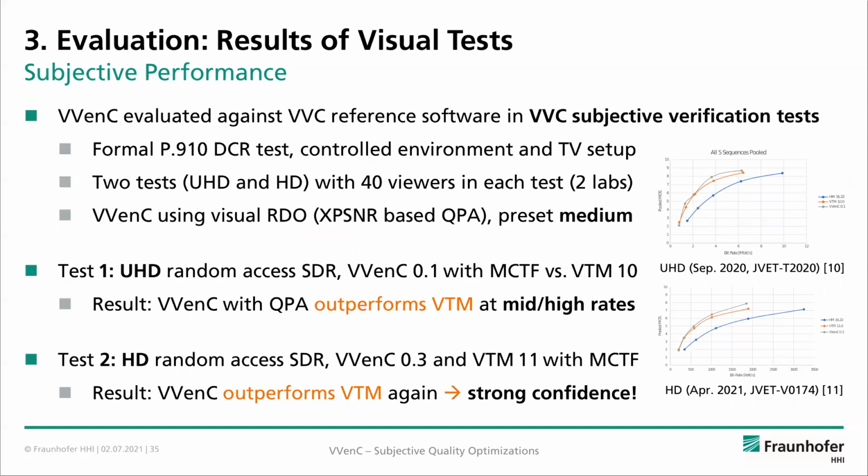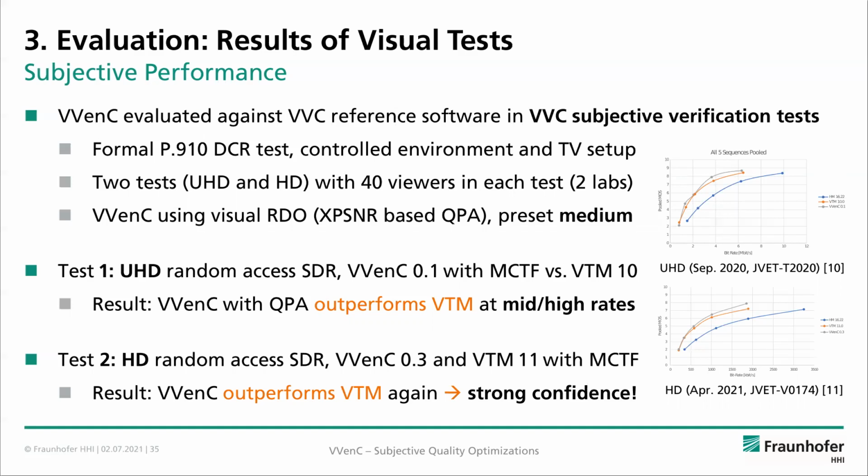And VVenC ran with visual RDO based on the XPSNR model just described in preset medium. And the environment was a controlled one in 2 labs with a certain OLED TV setup.